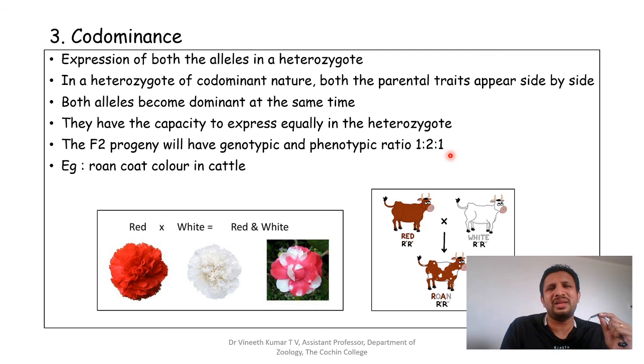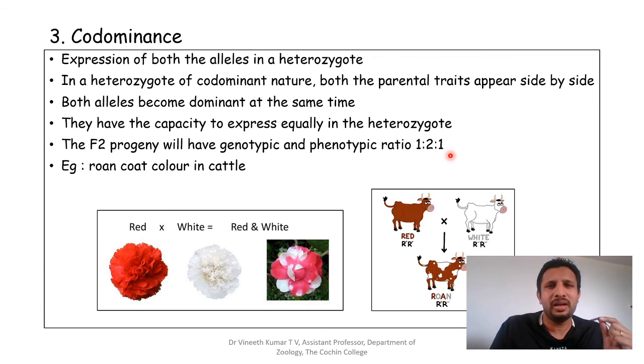The phenotypic as well as the genotypic ratio of the F2 is the same in this case as in incomplete dominance, which is 1 to 2 to 1, a deviation from the Mendelian phenotypic ratio of 3 to 1. So the normal Mendelian ratio of 3 to 1 is changed to 1 to 2 to 1 in the case of incomplete dominance as well as codominance.